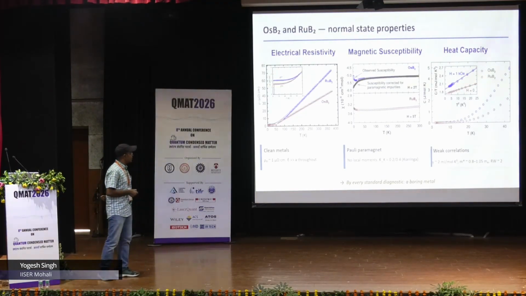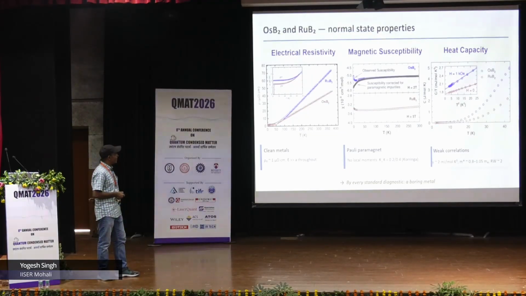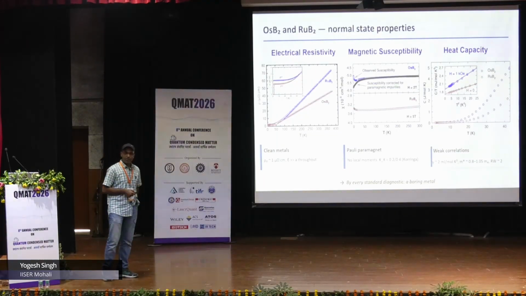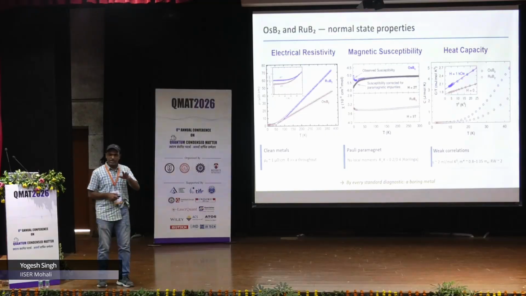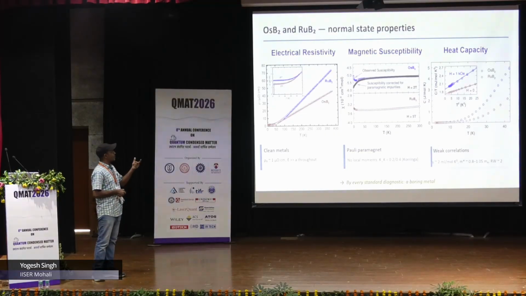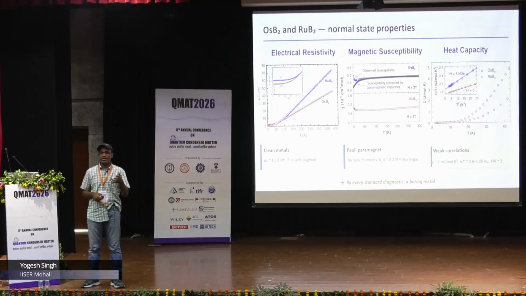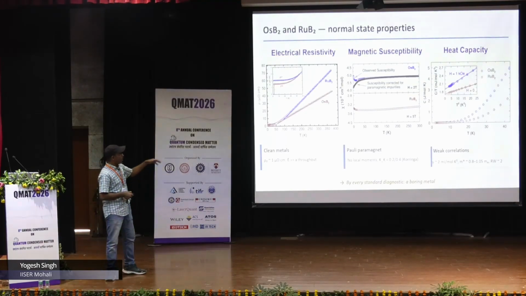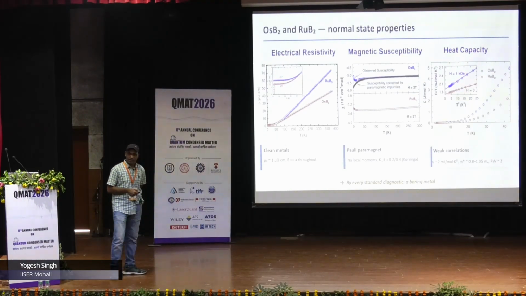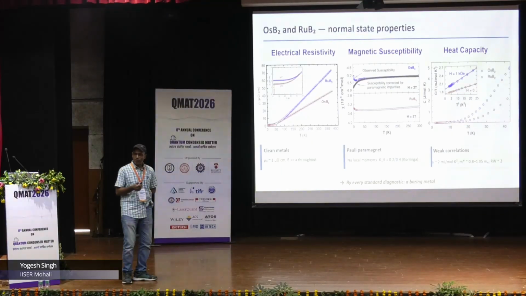And also note that the susceptibility is temperature independent and negative, which is surprising for a metal. This just means that the core susceptibility, because osmium and ruthenium have a large number of electrons, which will give you a diamagnetic contribution, is much larger than the Pauli paramagnetic susceptibility. If you account for that, you get a positive Pauli paramagnetic susceptibility, which you can relate to density of states, etc.